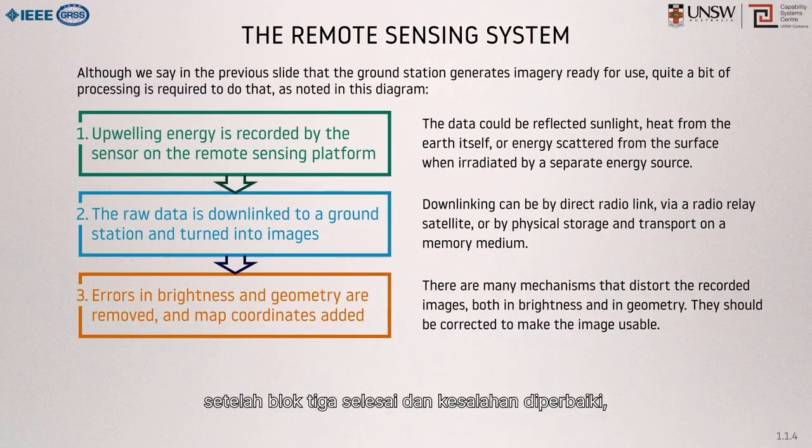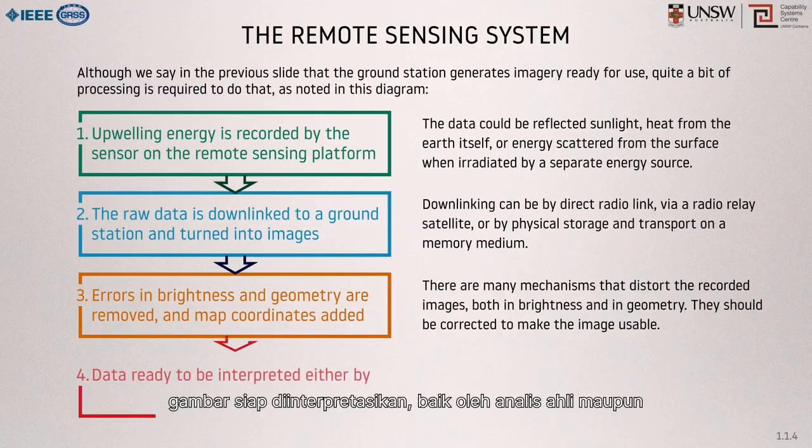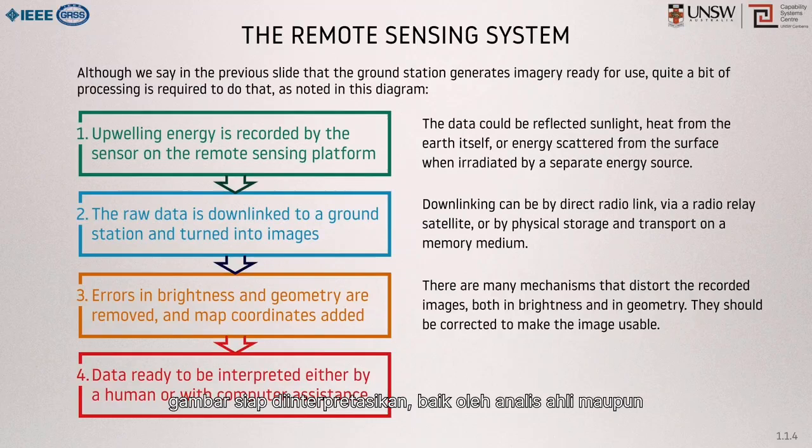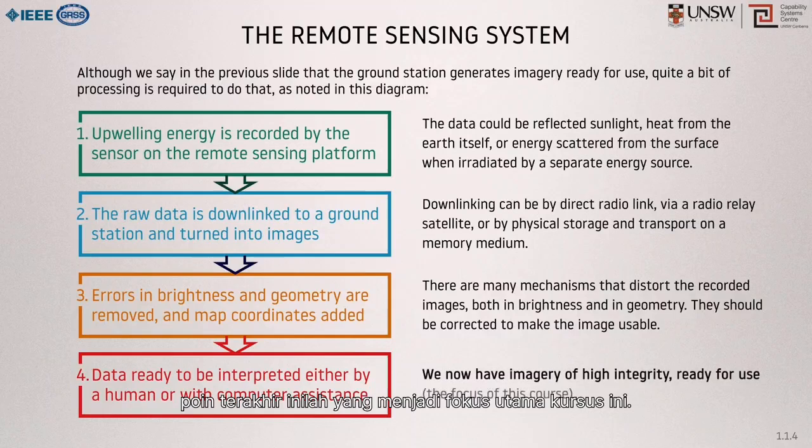When we get to the end of Block 3, in other words, once those errors have been corrected, we have images in a form that can be used in applications. The images are ready to be interpreted either by a skilled analyst or by an analyst with the assistance of suitable computer algorithms. It is this last point that forms the major focus of this course.